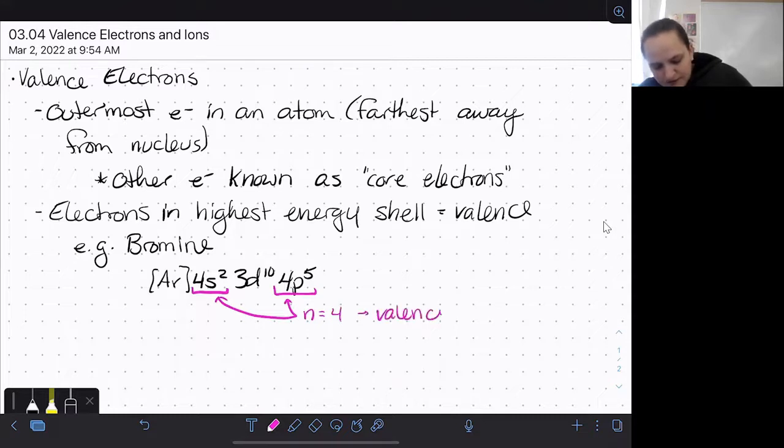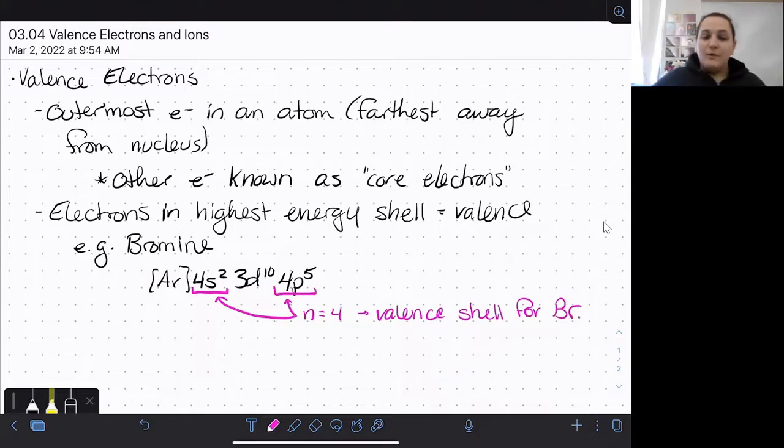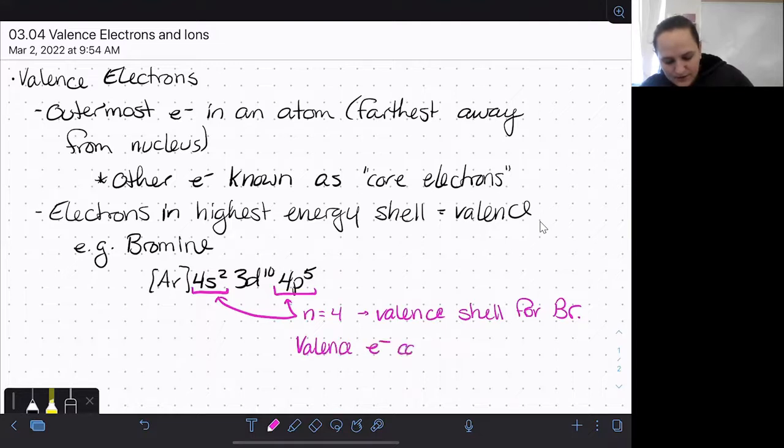And we would say that this is the valence shell for the bromine atom. So my valence electrons would be the 4s and the 4p. And we can even write the valence electron configuration, which would just be 4s2, 4p5.